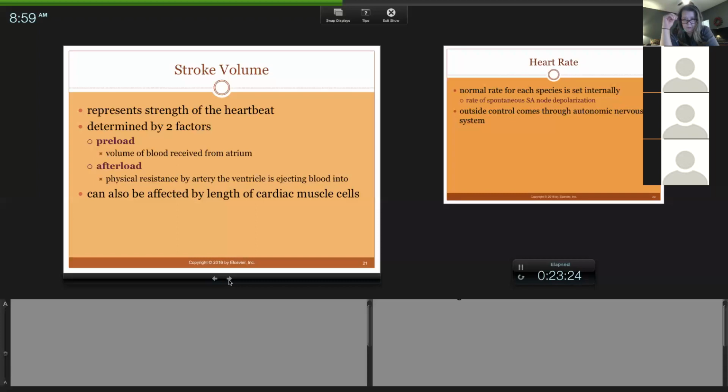I'm going to attach it to the straw. And then I said, hold up a minute. I take your Slurpee straw, and I'm going to give you one of those little cocktail stirrers for coffee, those tiny little straws. You're not going to be able to blow as much volume of air through that straw as you could a Slurpee straw. That is afterload.